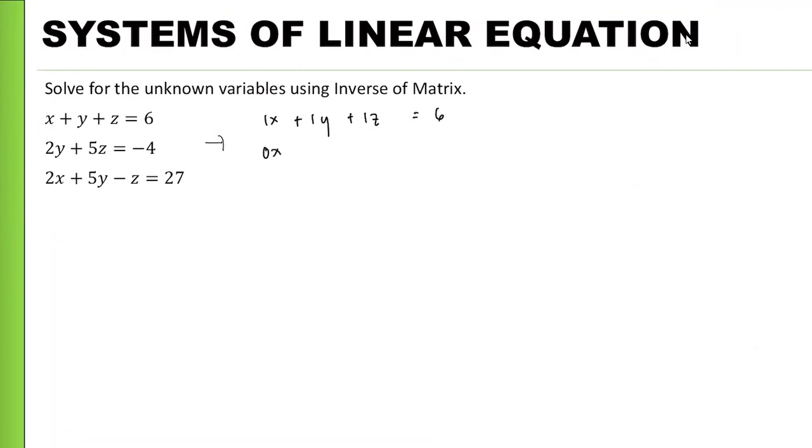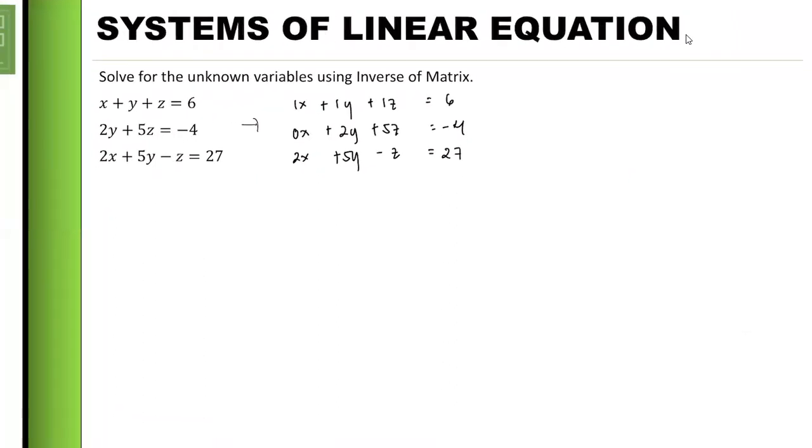Ganito, 0x plus 2y plus 5z is equals to negative 4. Okay? And then 2x plus 5y minus z is equals to 27. Okay? So, pag gagawin natin siya augmented form, di ba ginawa natin before, nung last session natin, nagiging 1, 1, 1, 0, 2, 5, 2, 5, negative 1. Okay?